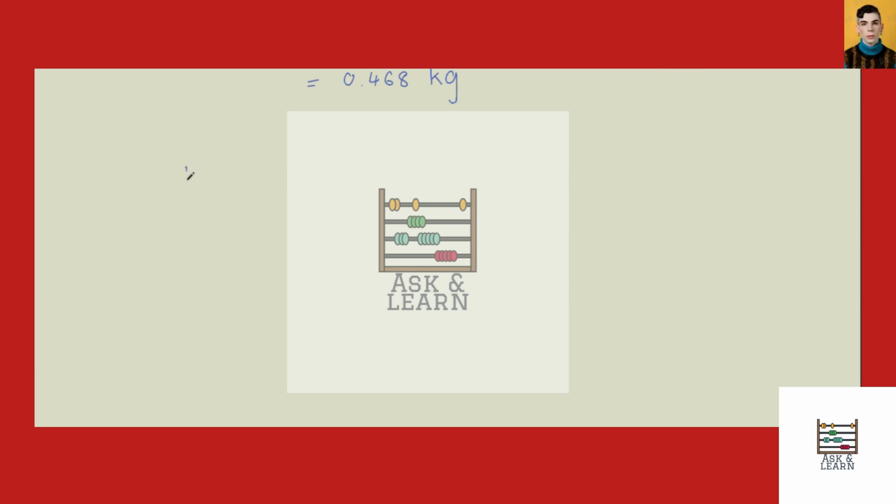Now, if we substitute this into the energy balance equation, we can find the enthalpy change. So substituting this back into the energy balance equation, we get that 15 kilojoules, which is the work done by the paddle wheel, is equal to the mass, 0.468 kg, times the change in enthalpy, which is H2 minus H1, where H1 from our tables was 298.18 kilojoule per kg.